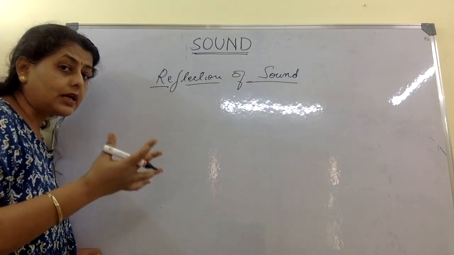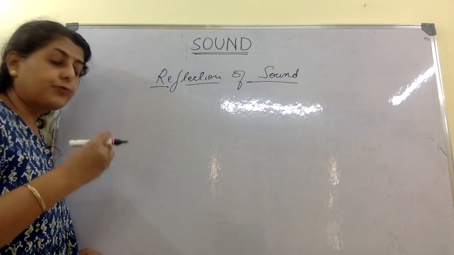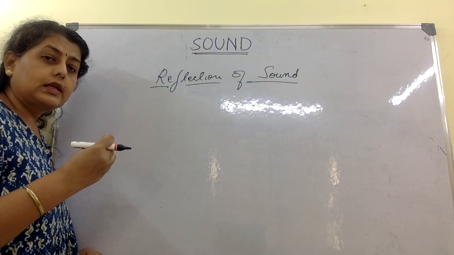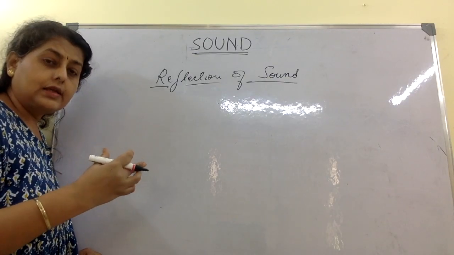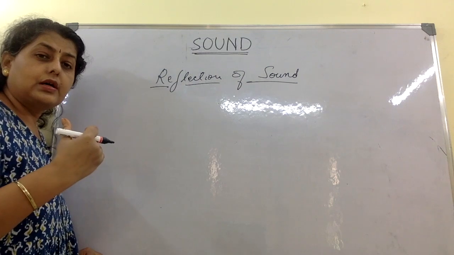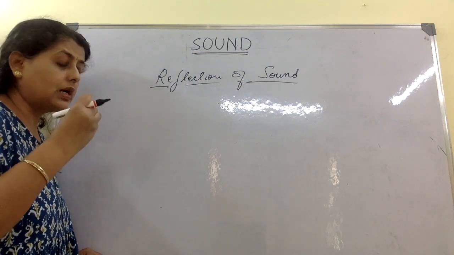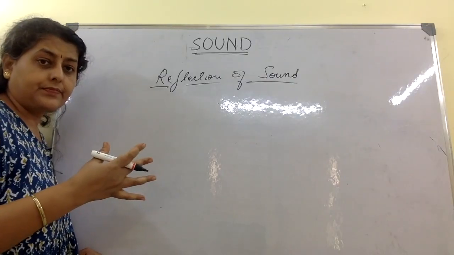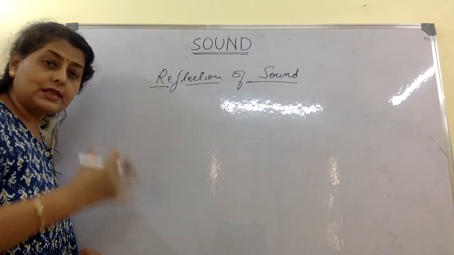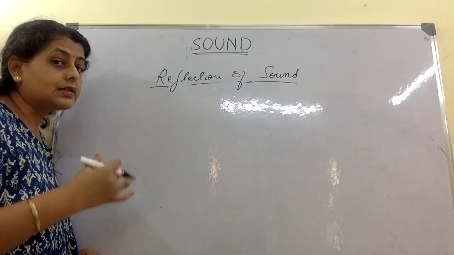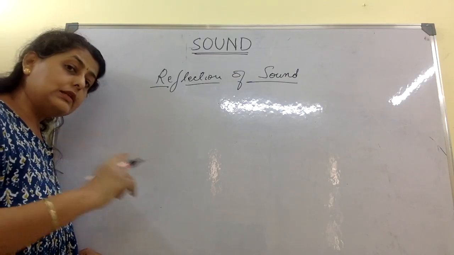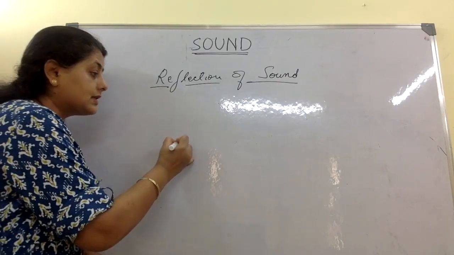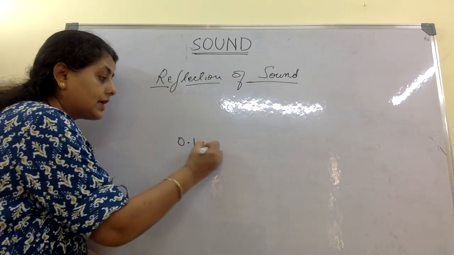They ask you to derive it also. When somebody talks, the sound reaches our brain through our ear, and then the brain interprets it and tells us what that person is saying. We need to understand the meaning of that. All this process takes 0.1 second.